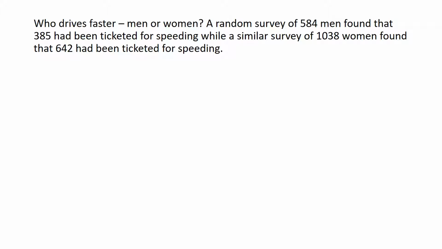This seems to have two variables, gender and whether or not someone has been ticketed for speeding. But if we look closer, we see that we have one sample of men and an independent sample of women. So each person surveyed was only asked about whether or not they've been ticketed for speeding.